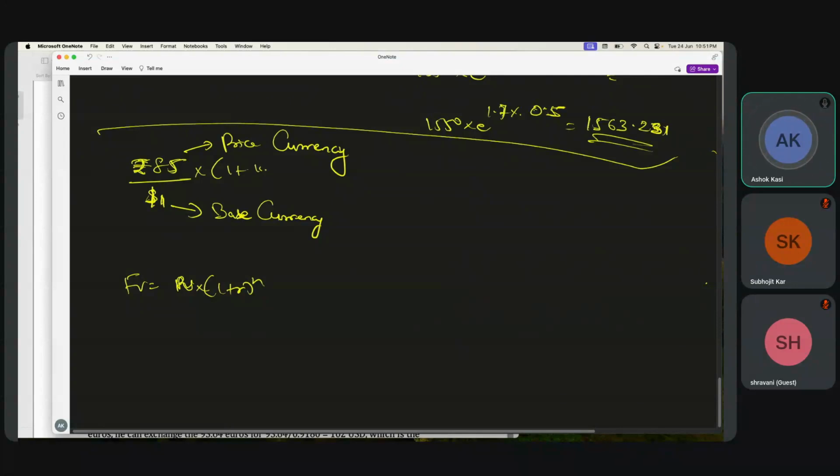Let's say India's interest rate is 10 percentage, and in the denominator there is also a currency, US currency, so US interest rates will come. Let's say here the interest rate is 5 percentage. Now you calculate: first 1.10 divided by 1.05, then into 85.